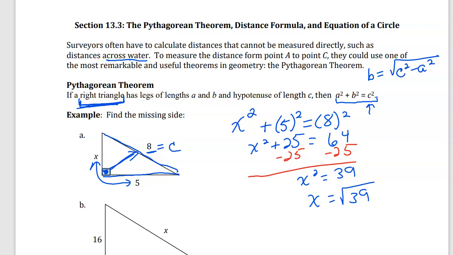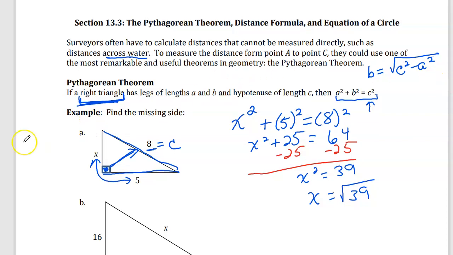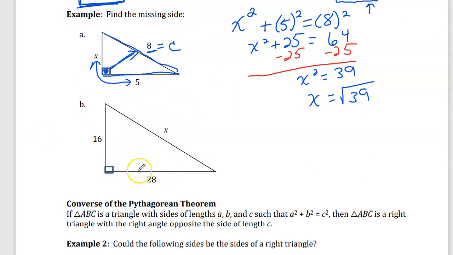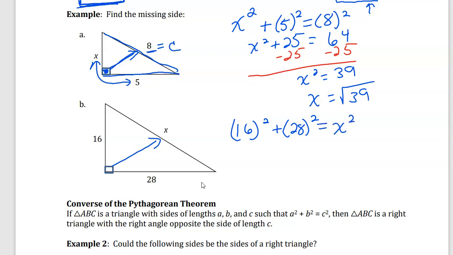Okay? Now, let's think about this second triangle here. Which side is my hypotenuse? Well, again, here's my right angle. So the side across is my hypotenuse. So that means that x is going to be my hypotenuse. So I have 16 squared plus 28 squared is equal to x squared.